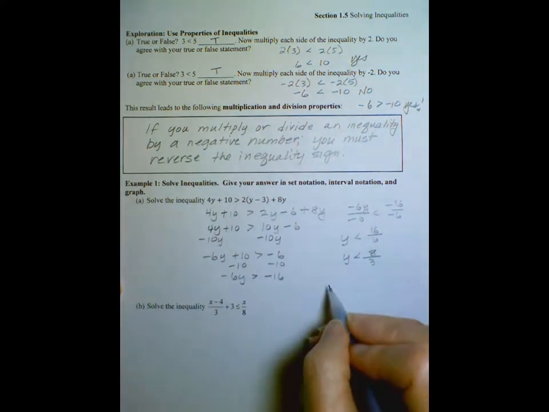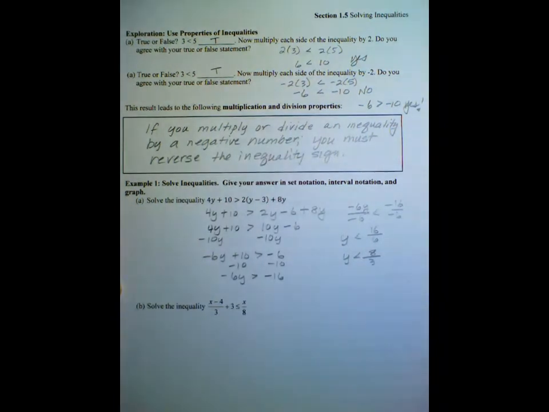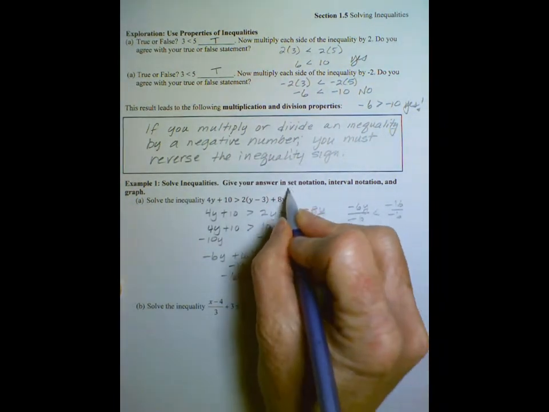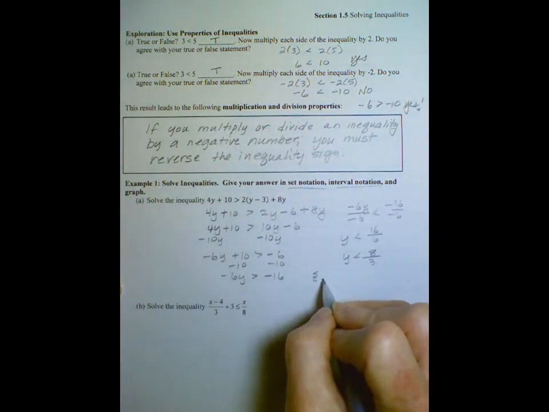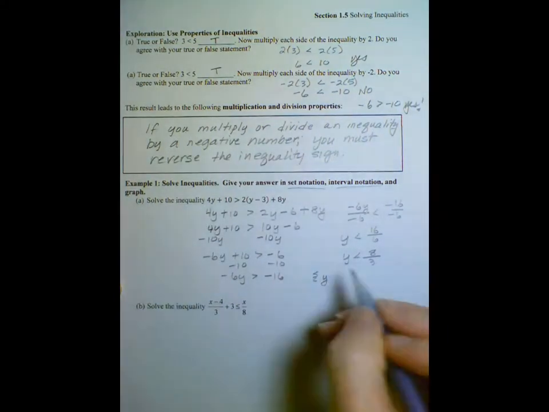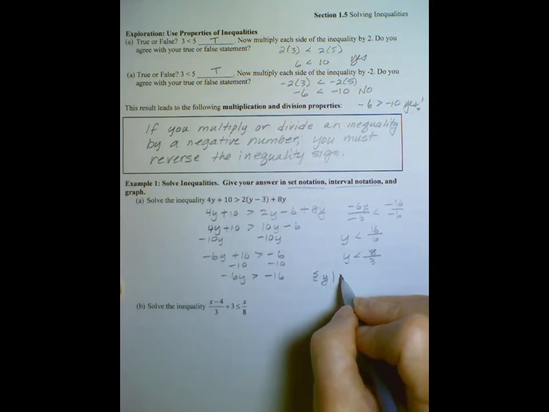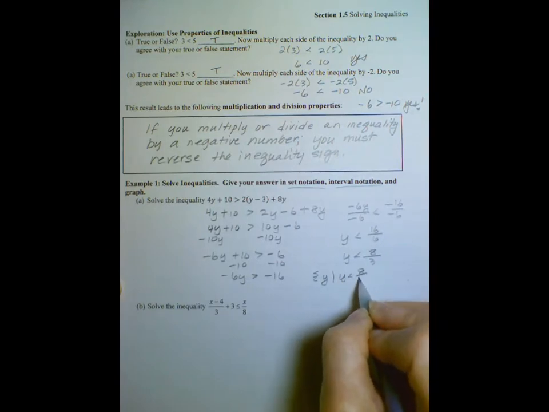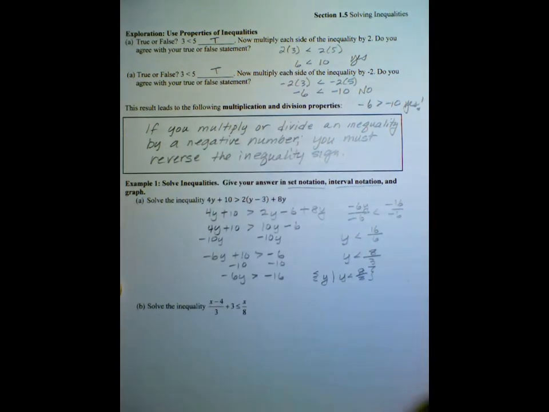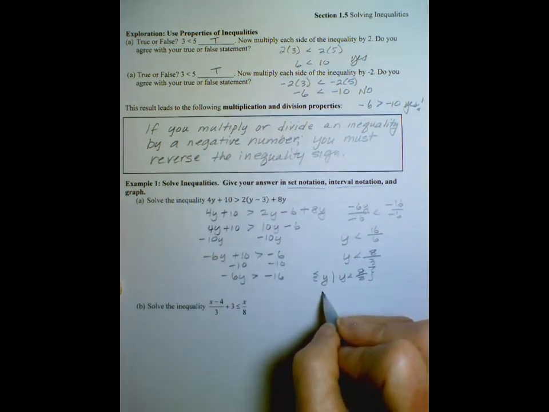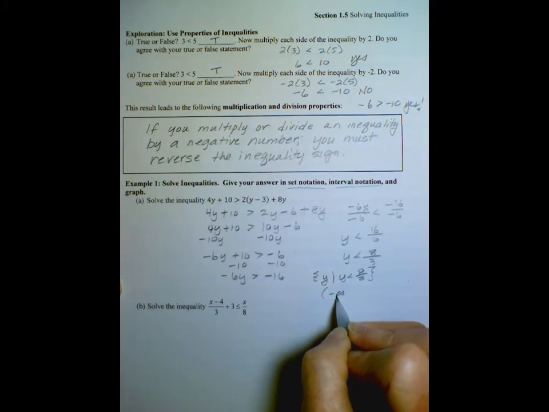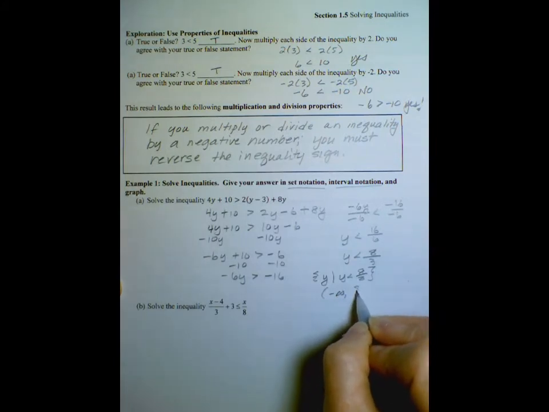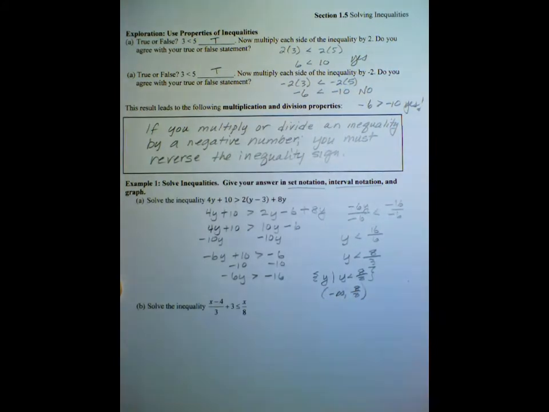Okay, so now we have to give our answer in set notation, interval notation, and graph. Set notation, the set of all y. It's okay, it can be y or x or anything. Y less than 8/3. There's set notation. This is an open interval, right? Y is less than 8/3, so it goes from -infinity to 8/3, but doesn't include 8/3.